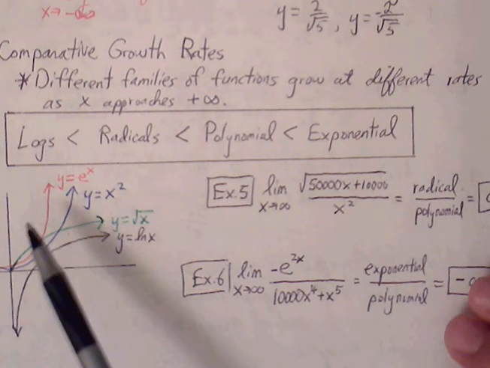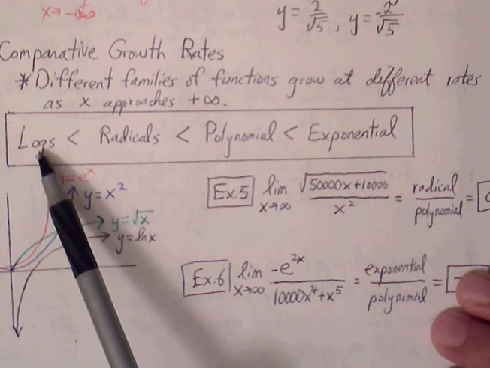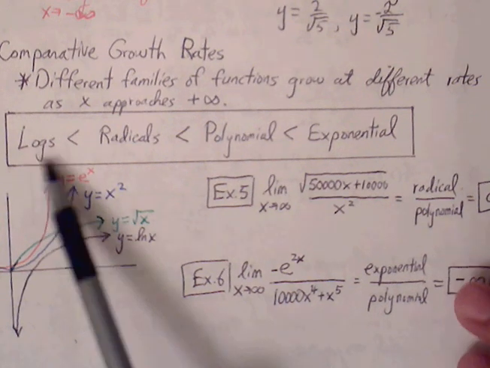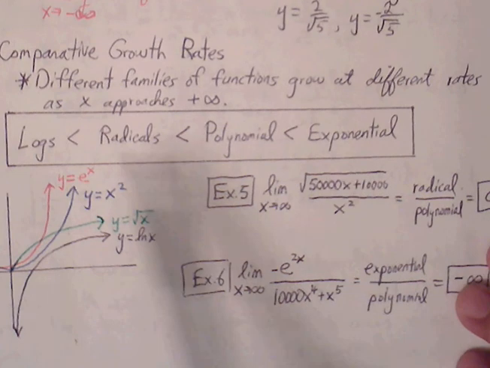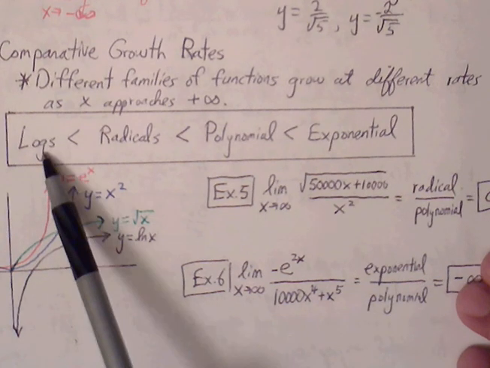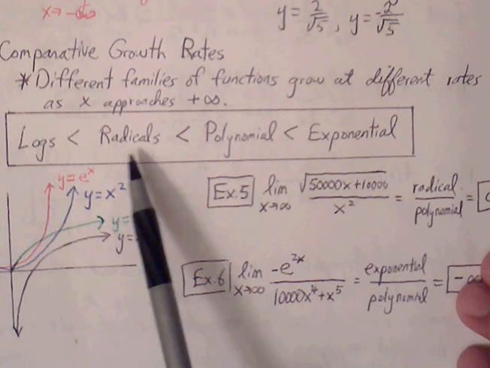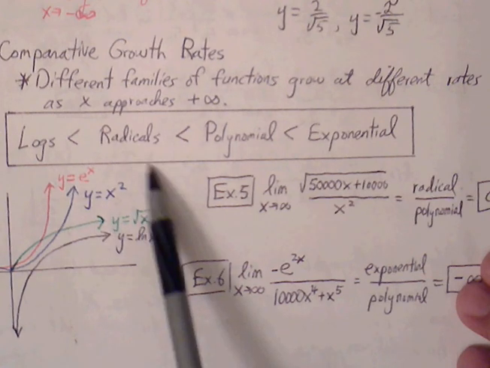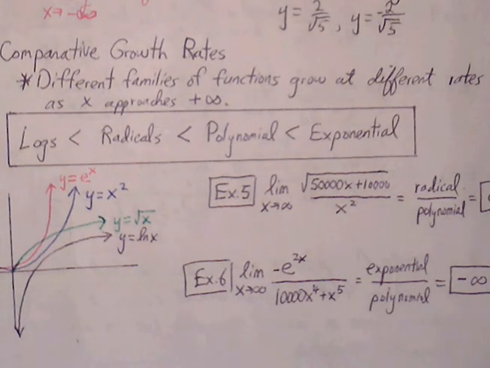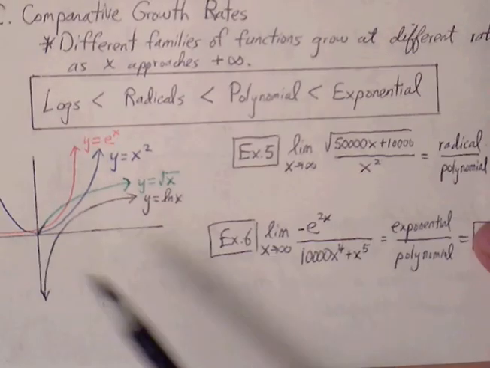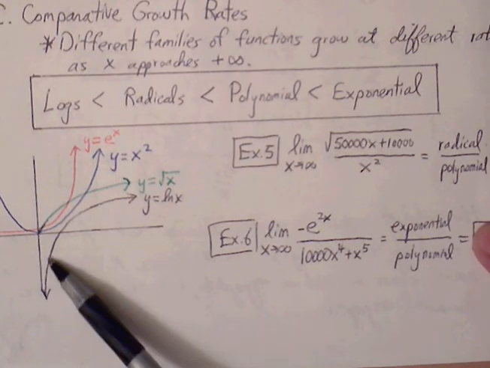As we follow the graphs of these to the right towards positive infinity, logs are going to grow at the slowest rate, followed by radicals, followed by polynomials, and then finally exponential is going to grow at the fastest rate. So for instance, if you look at this example, y equals natural log of x, this is a log graph.